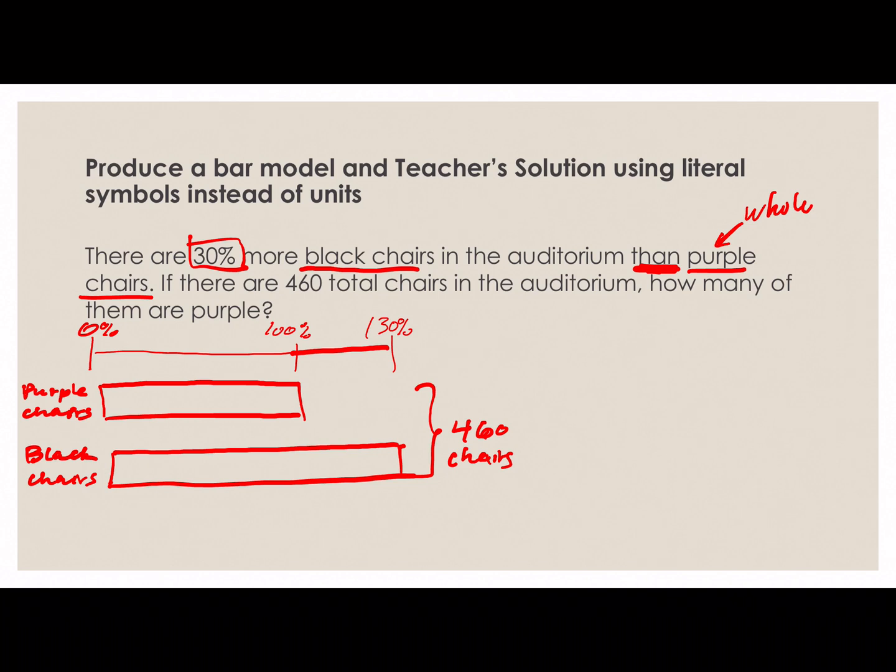Now what we need to do is answer our question. How many of them are purple? If there's 460 chairs, how many of them are purple? So we have purple chairs is 100%, and the black chairs is 130%, but both of them combined make 460 chairs.